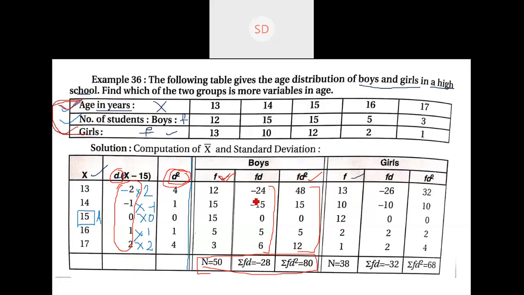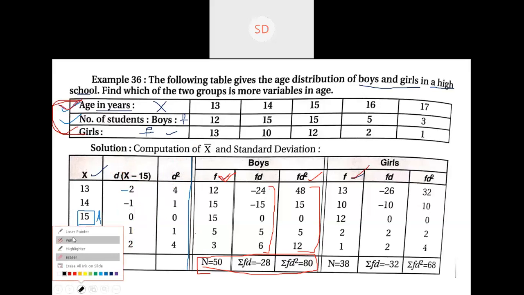Let's take out all these values here. So I am considering frequency into D, where I will get FD. Minus 2 into 13, minus 26; minus 1 into 10, minus 10.